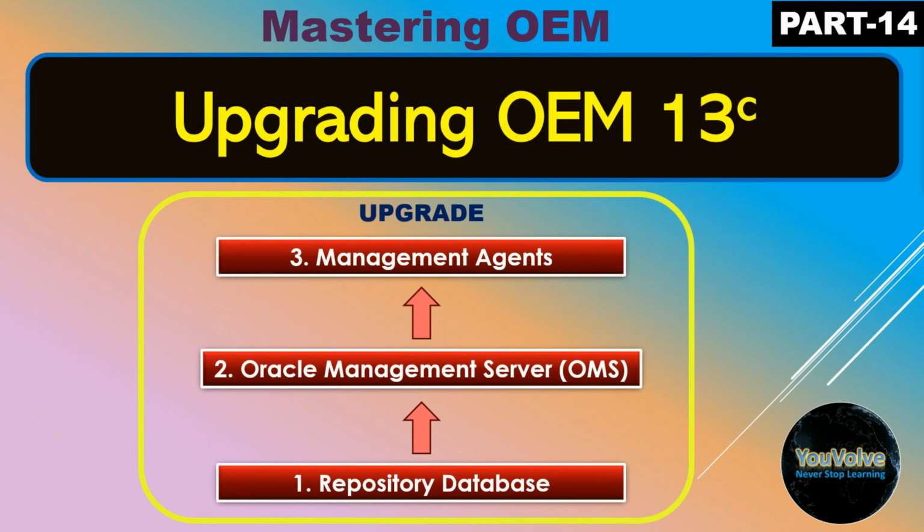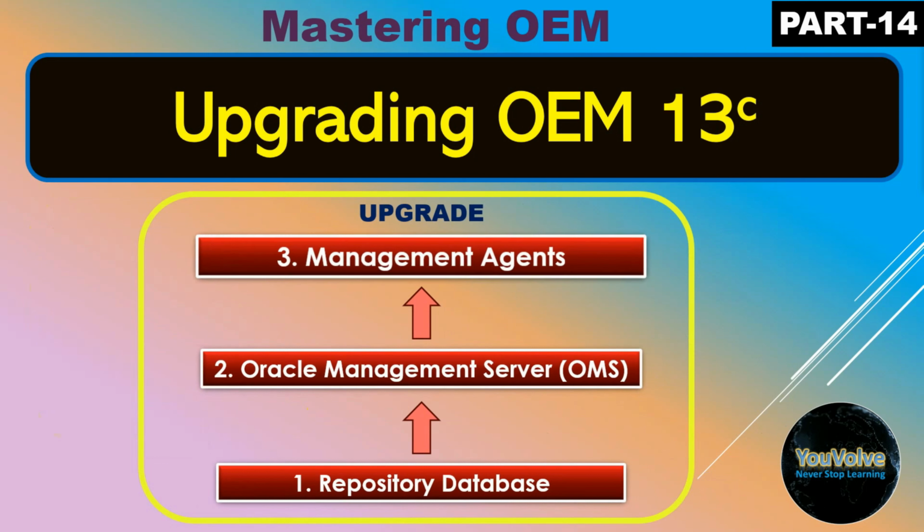So when we talk about upgrade of the OEM system, there are three major components involved and they have to be upgraded in the order mentioned in this slide. First, we have to upgrade the repository database, then we have to upgrade the OMS, and lastly, we have to upgrade the OEM agents.